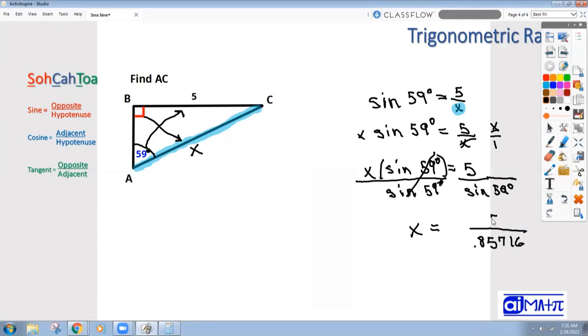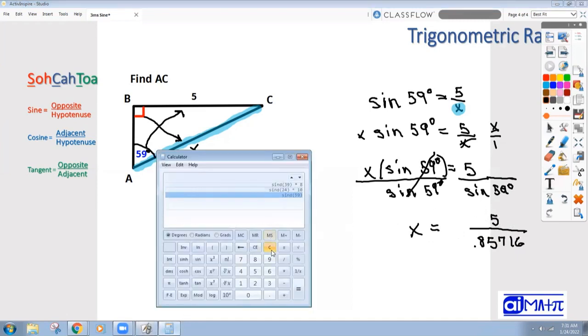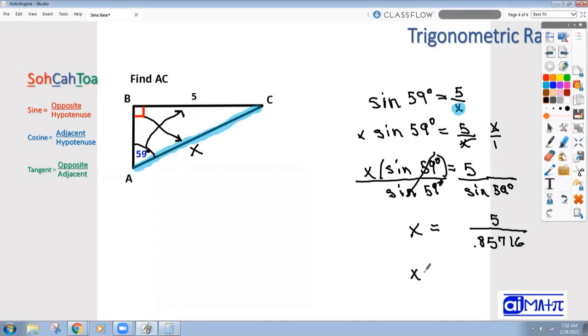And we're taking that number and we're using 5 and dividing 5 by that number. So 5 divided by 0.85716. And that will give you approximately 5.8. So we would write x is equal to approximately 5.8.